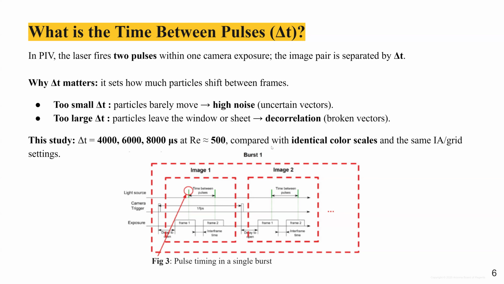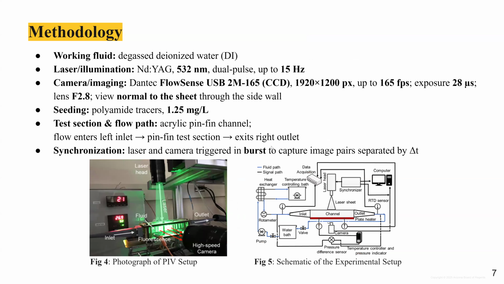grid step size fixed. For methodology, we use degassed deionized water, which is DI water, as the working fluid. We added 20 micron polyamide tracer particles at about 1.25 milligrams per liter. A 532 nanometer laser makes a thin light sheet from above.